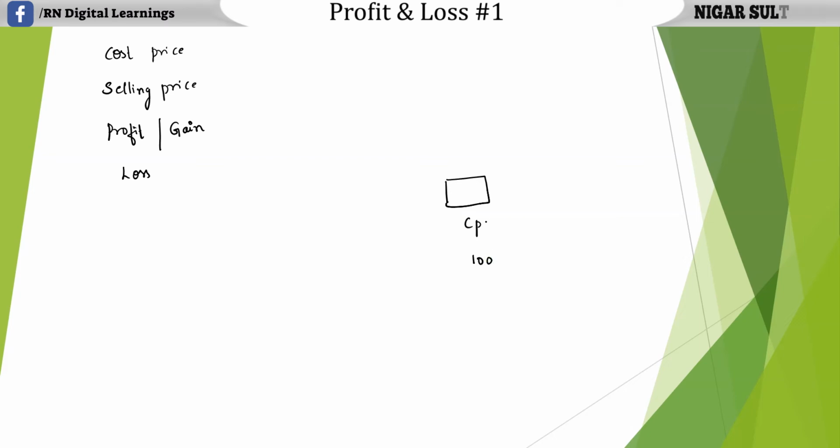Before I explain the scenario, I must tell you what the cost price is. It is the price at which the article is purchased. I have purchased this book, and the rate of the book is 100 rupees. So this is my cost price. The price at which any article is purchased is nothing but your cost price.